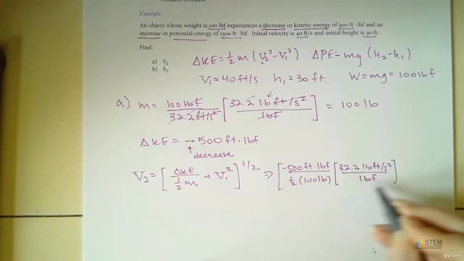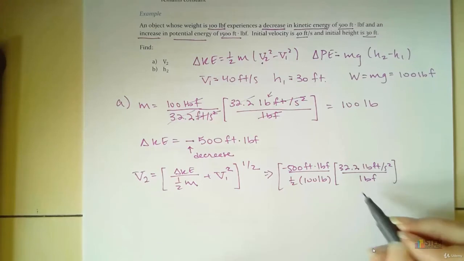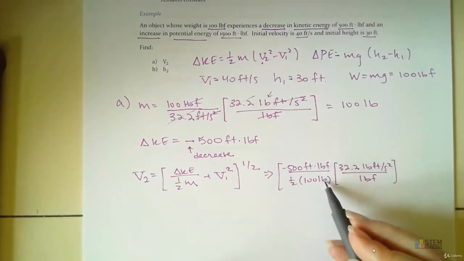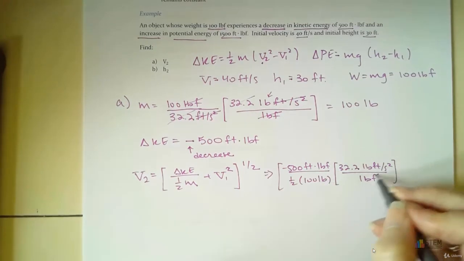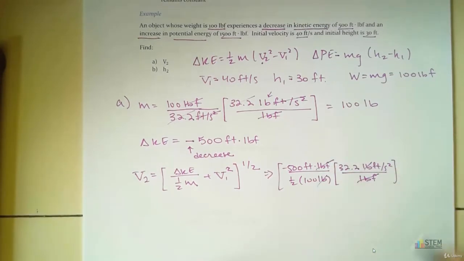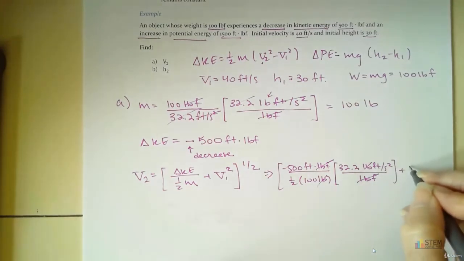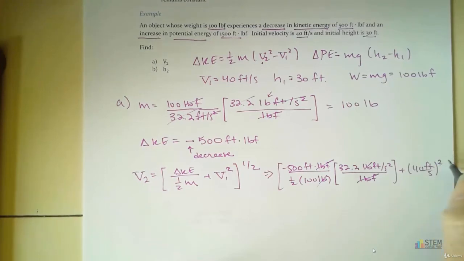And we're having to do this because we want units of velocity. So units of velocity in the English system would be feet per second. So we can't just leave these pound force and pounds in here. So let's get rid of those. So notice those go away now. And then let's finish it out with v1 squared. So we'll have plus 40 feet per second, squared, and then close that bracket, and then we need to do the square root.